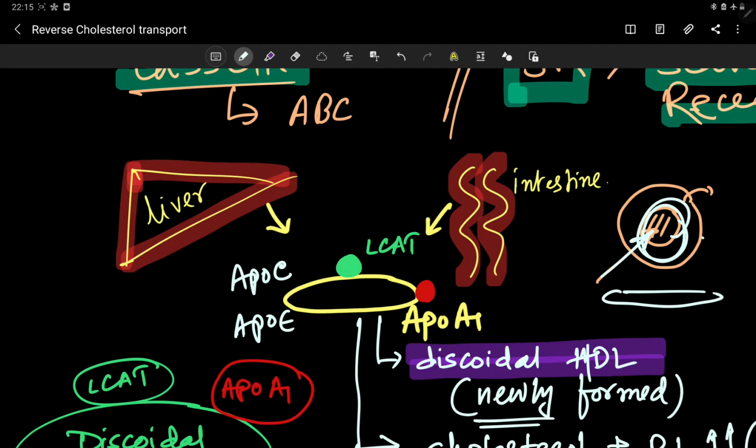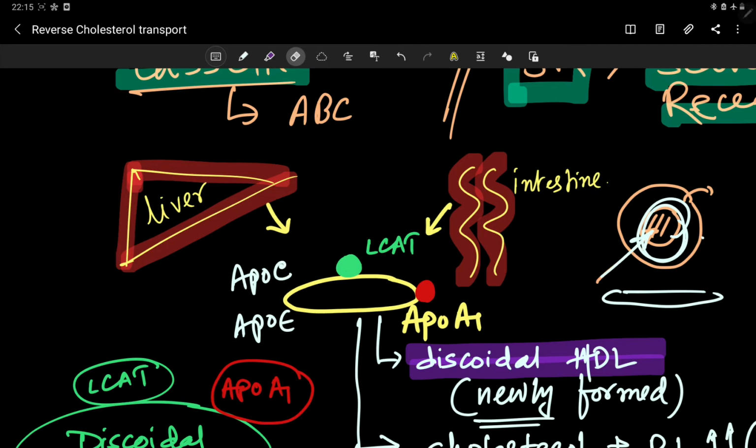And obviously I also told that in your HDL there is one enzymatic activity, LCAT. Here you can see this enzymatic activity LCAT, and here you can see the ApoA1 protein attached with your HDL lipoprotein. And another lipoproteins you can see also, ApoC, ApoE.